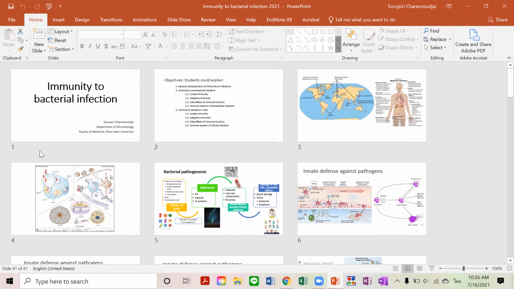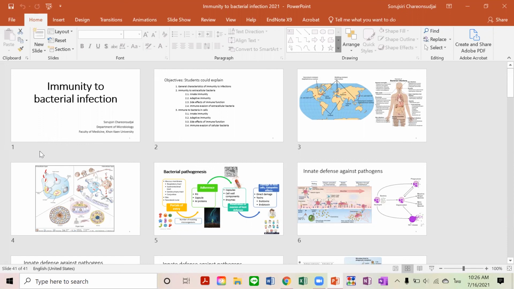But overall, drug resistance can be caused by many mechanisms. Some bacteria produce enzymes to degrade the drug. Some bacteria have efflux proteins to pump the drug out of their cells. Some bacteria produce biofilm to block the penetration of antibiotics.